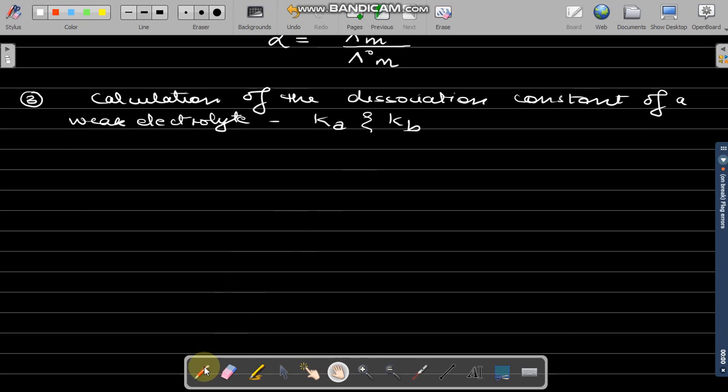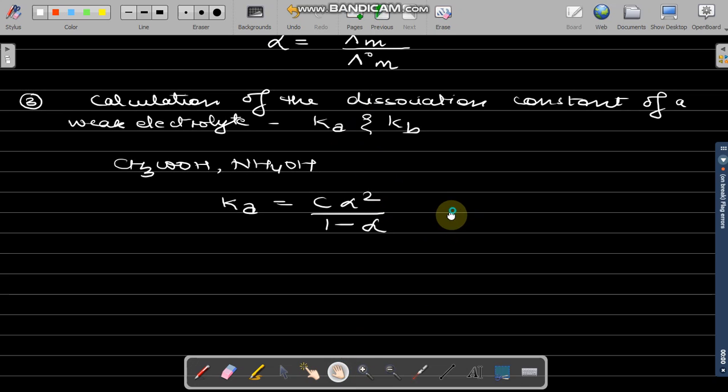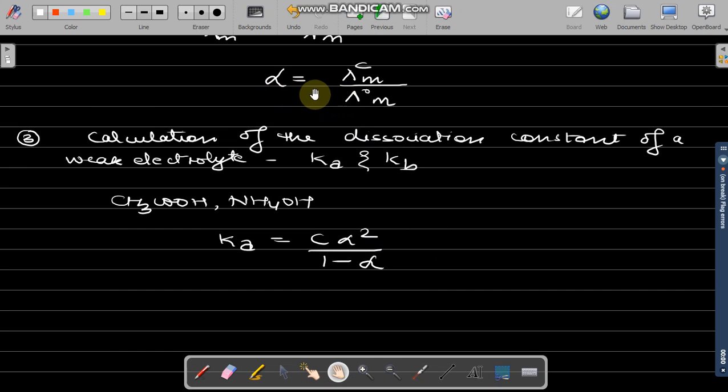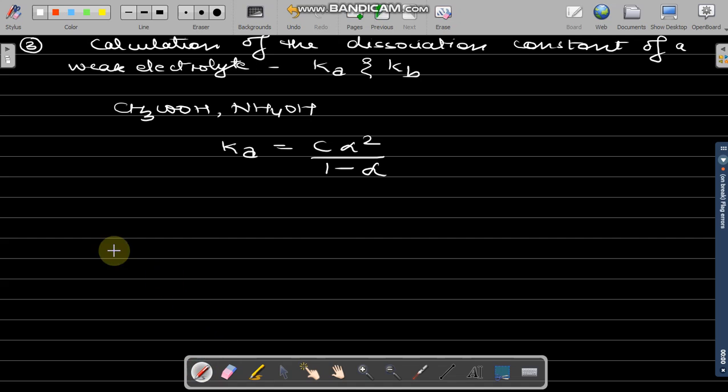Like we have CH3COOH, NH4OH. Suppose we find out Ka, the dissociation constant for a weak electrolyte. So it is C alpha square over 1 minus alpha. In the previous application, we came to know that the degree of dissociation is the molar conductivity at a certain concentration divided by the infinite dilution molar conductivity. So let's put the value of alpha over here.